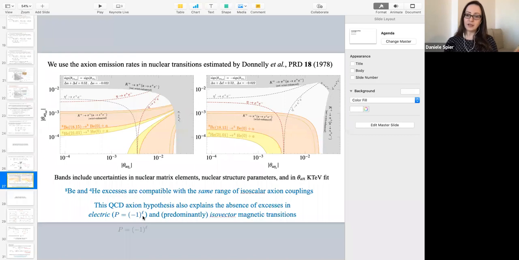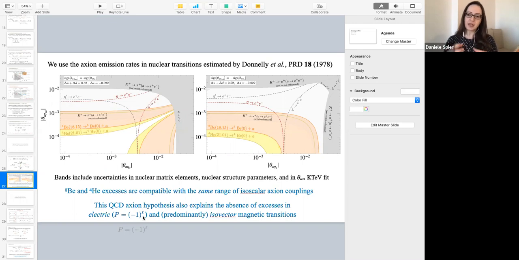And this is not only in electric transitions. Let me make a small digression here. These excited nuclear states were produced via capture reactions of protons into a different nucleus. So you have this capture reaction and emission of electromagnetic radiation, which can either come in the form of a photon or an e+ e-.